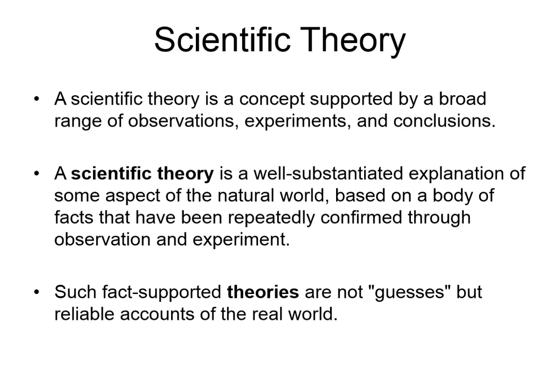So here we define a theory as a scientific theory is a concept supported by a broad range of observations, experiments, and conclusion. So this is the major definition of how to look at a theory. It is a well-substantiated explanation, so that is important, answers the question why.